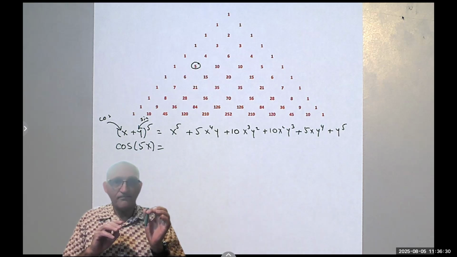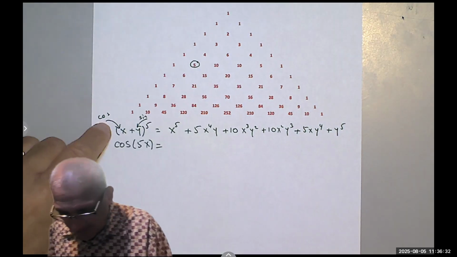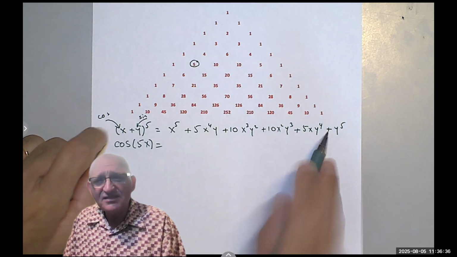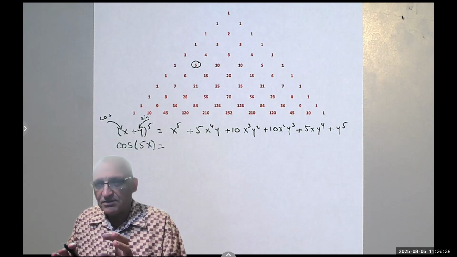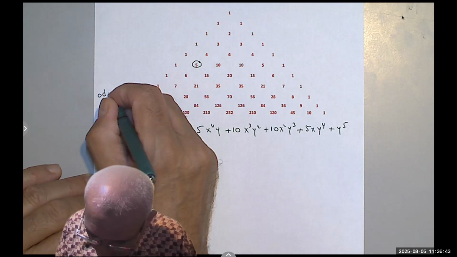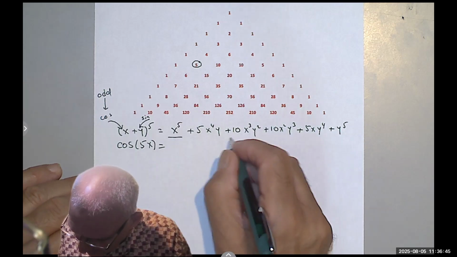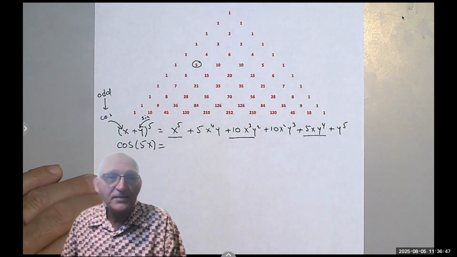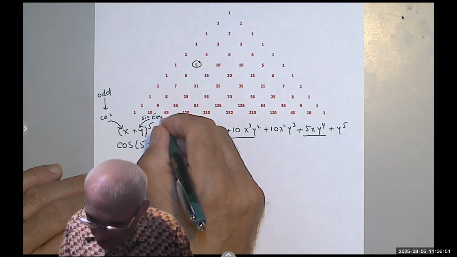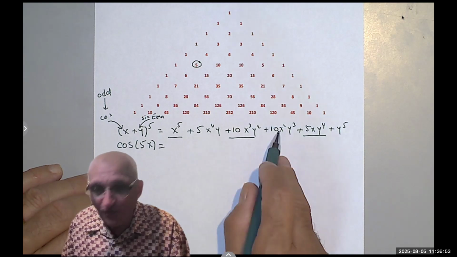That's important. So, if I'm expanding cosine, I would be looking at the x's, but not all the terms. I'm going to look at the odd terms, meaning the first, the third, the fifth. And if I'm expanding sine, I will be looking at the even terms, meaning the second, the fourth, and the sixth.